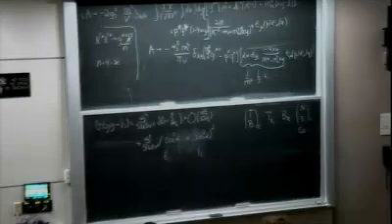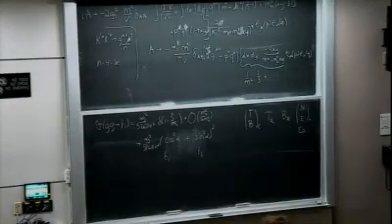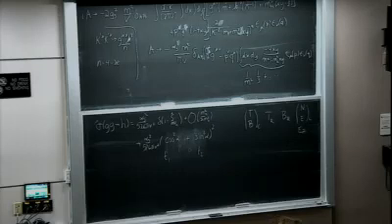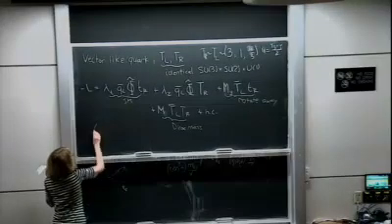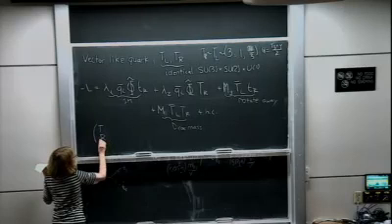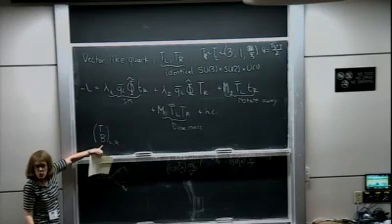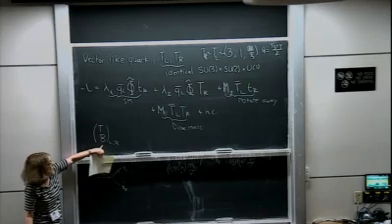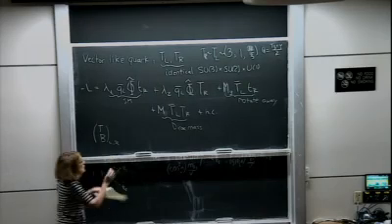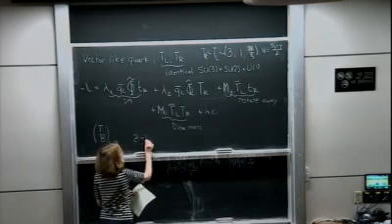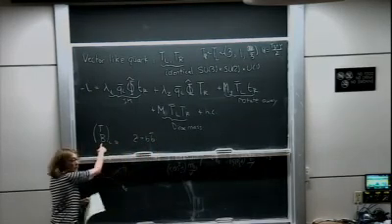Then it would have a B partner friend, right? And that B partner friend would mess up things like Z goes to BB bar because it would come into the loop. So there would be lots and lots of limits. If I were going to have a doublet, left, right, then this new B partner would mix with the standard model B, and that would interfere with Z goes to BB bar, because it would get effects from here.